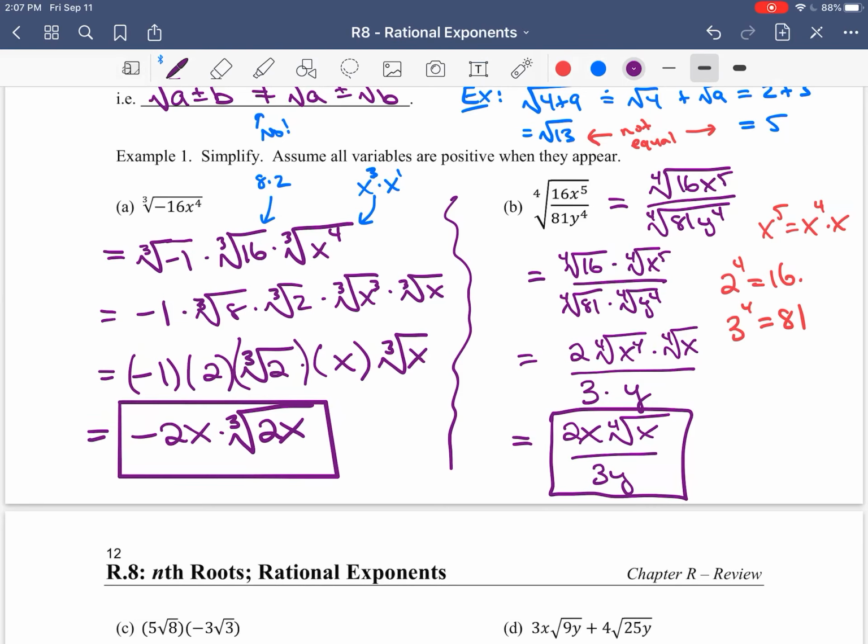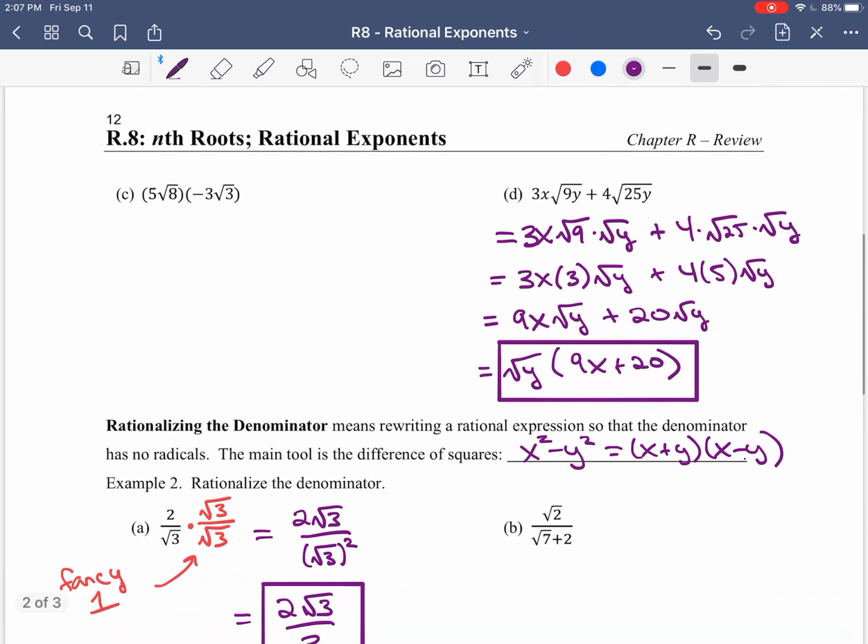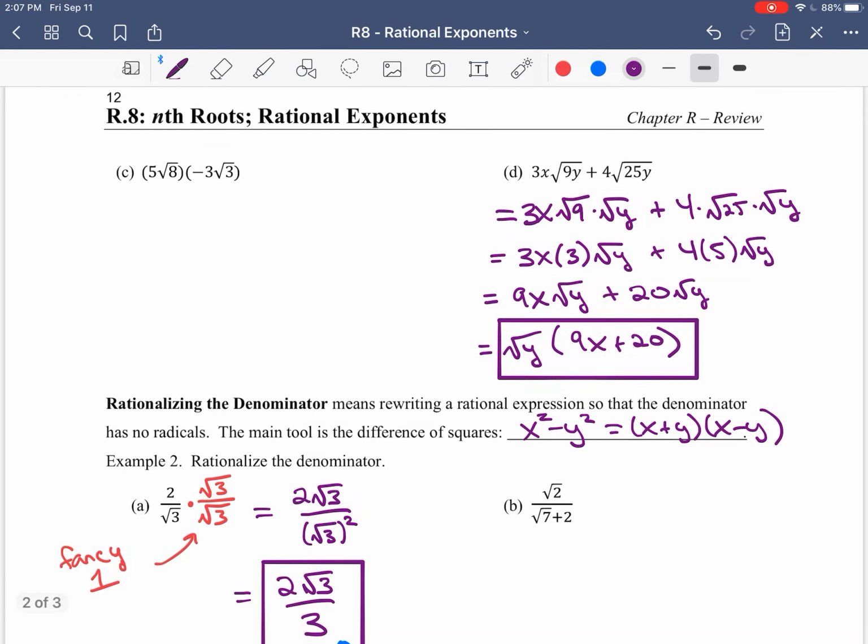Okay, let's try another one. Here I have 5 root 8 times negative 3 root 3. We can multiply the numbers: 5 times negative 3 is negative 15. Now 8 is 4 times 2, so we can break it down as root of 4 times root of 2, and then we still have the root of 3.